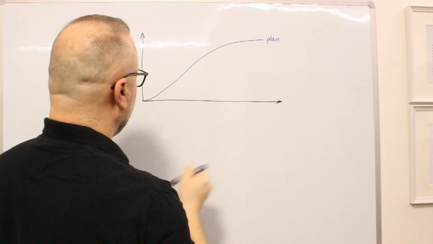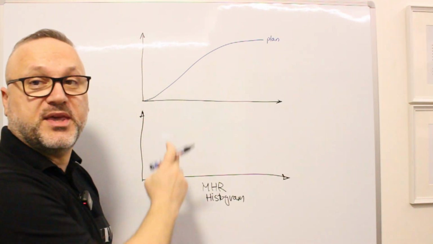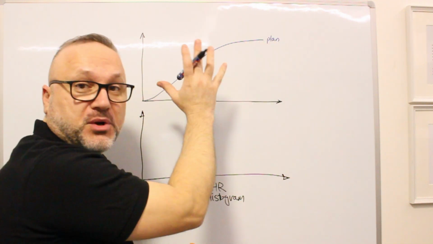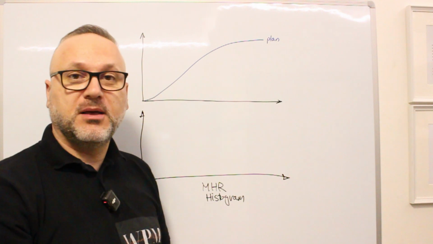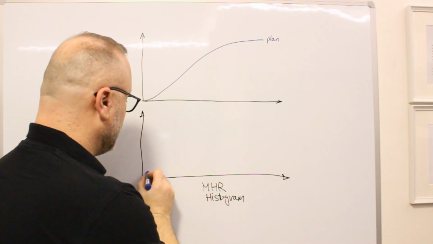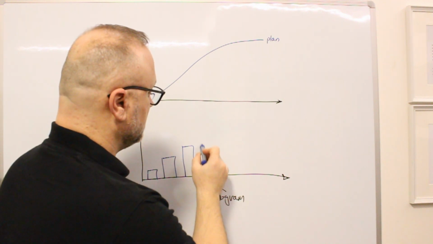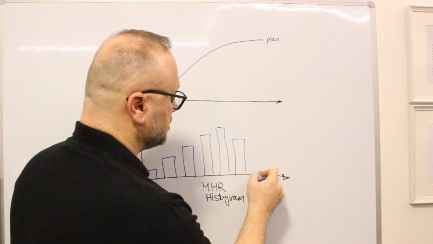And we have also a man-hour histogram. So we have a graph for the planned progress of the project itself, and we have a histogram plan. The histogram plan is based on the number of man-hours or number of resources planned per duration.